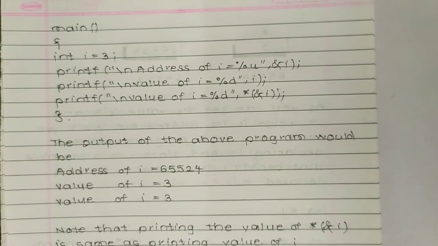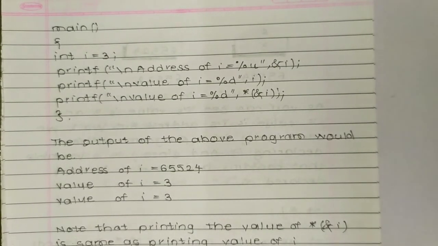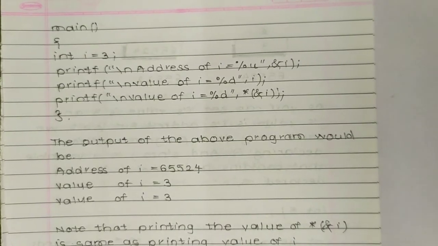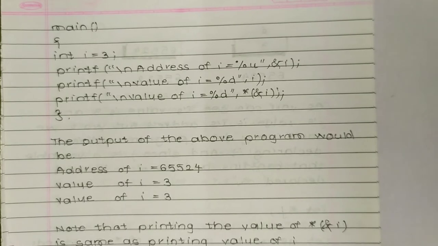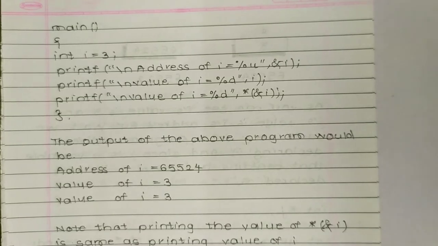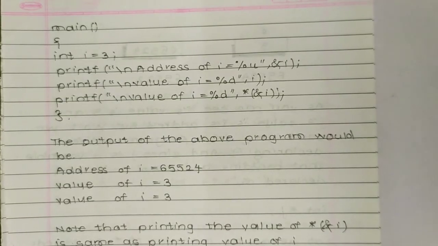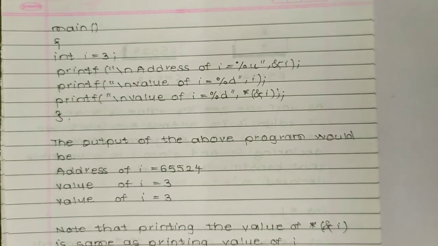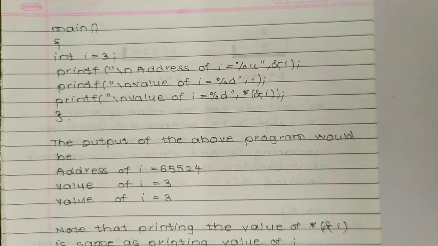So this is another program explaining pointers. So main, now int i = 3. Now printf \n address of i = %u, &i. That means %u is used here, and &i is used for showing the address. Now printf \n value of i = %d, i.